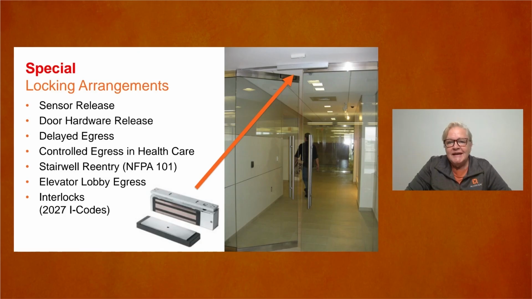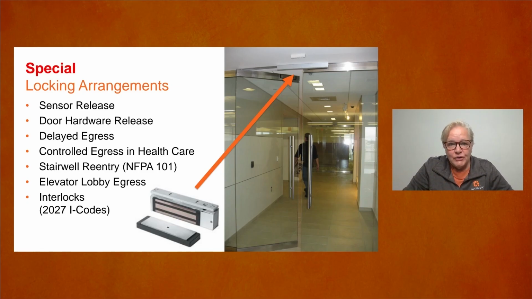So back to our list of special locking arrangements. We've gone through all these different types of access control doors. We kind of classify them all together: if it's electrified hardware, it's access control. But the most common type of access control door, the most frequently used electrified hardware, is where we have access control and free egress.